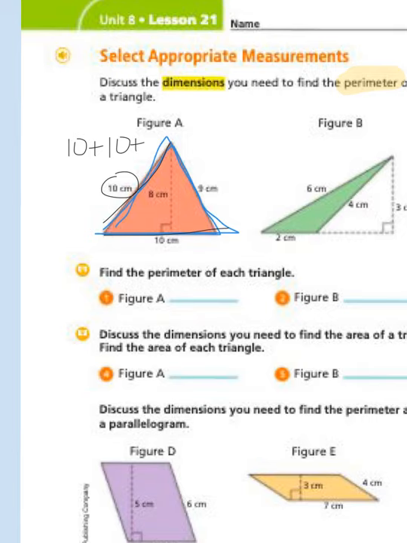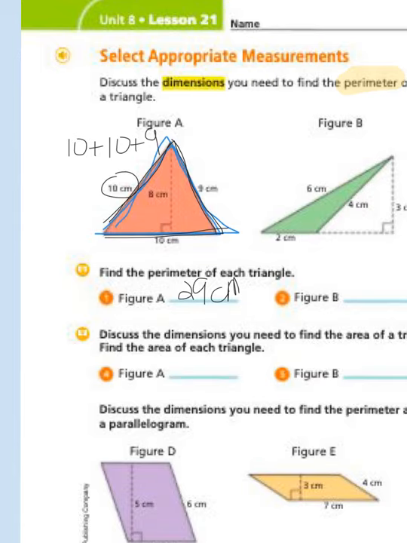It's just a little blurry in that. Yes, that is a number 9 here. So the perimeter is 10 plus 10 plus 9, which equals 29 centimeters. Now this isn't squared because it's a straight direction.